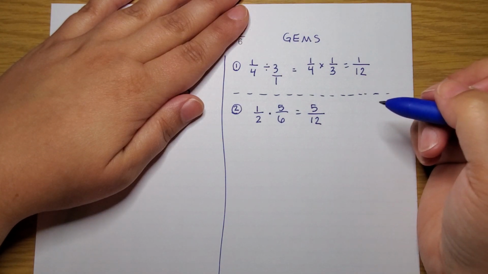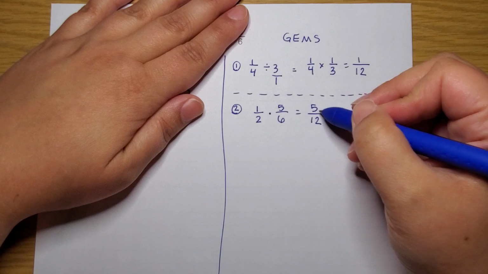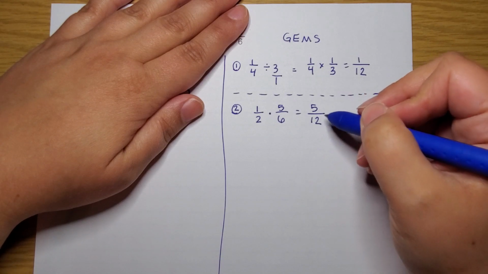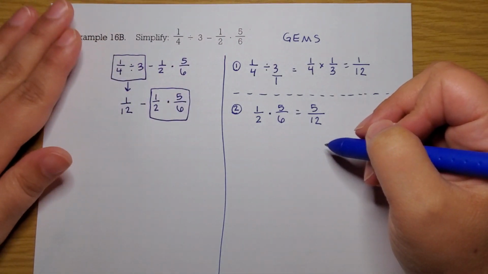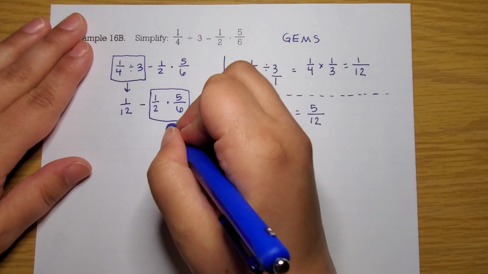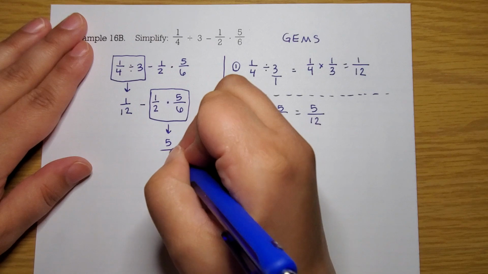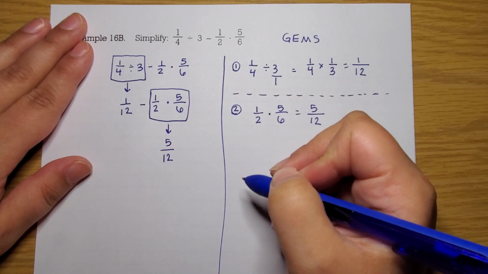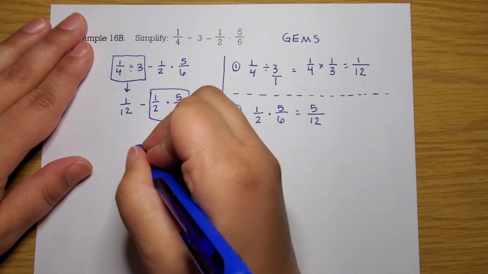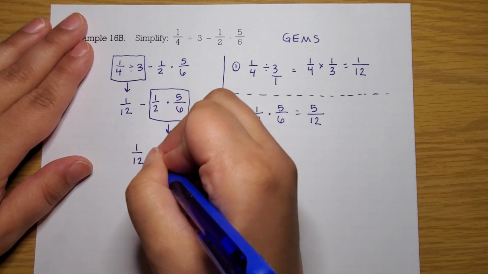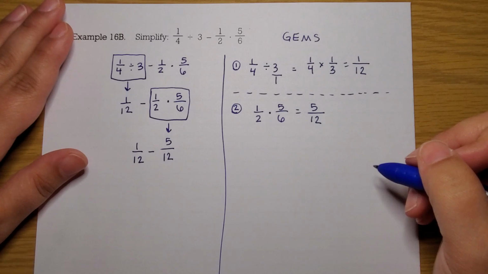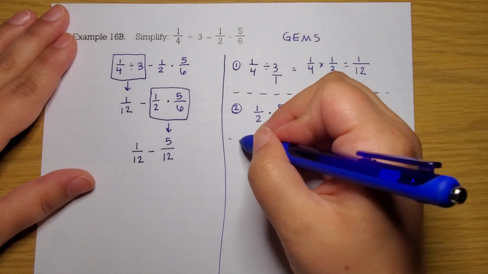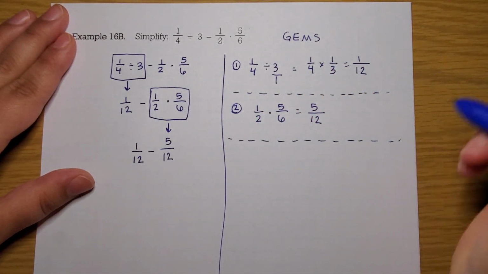Now, there's no number other than 1 that divides both 5 and 12, so this is our answer in simplest form. So back to the main problem, we're going to throw this 5/12 in that we just found. And then I'm going to recopy the rest of the problem. Cool. Get rid of this.